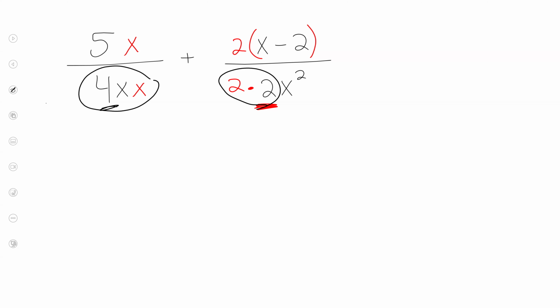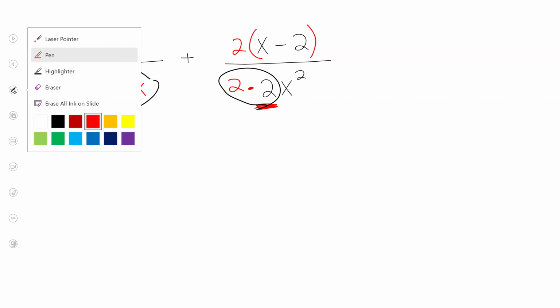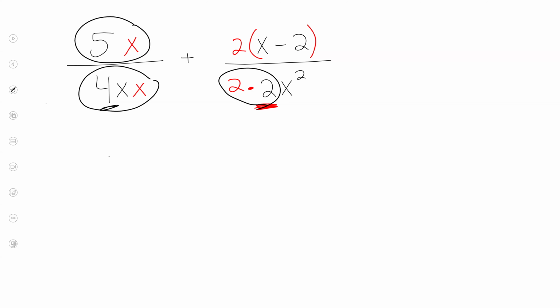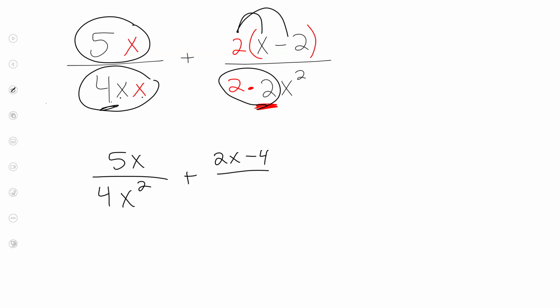Okay, so let's evaluate this. The numerator here is just 5x over 4. X and x is x squared. That's my first rational. Let's look at the second rational. 2 times x is 2x. 2 times -2 is -4.